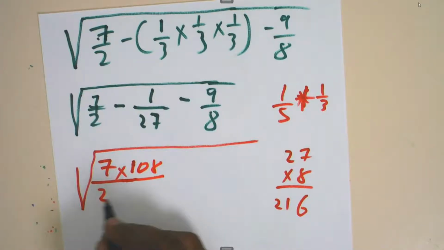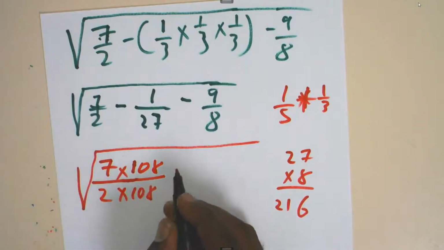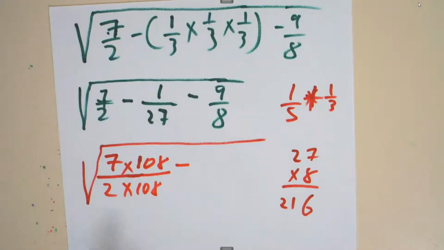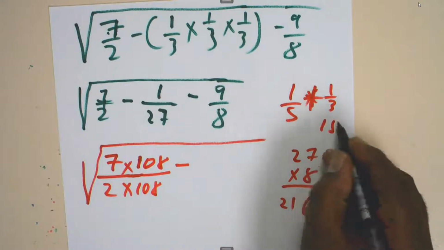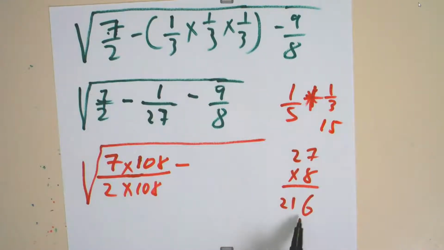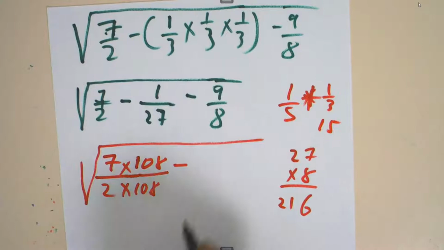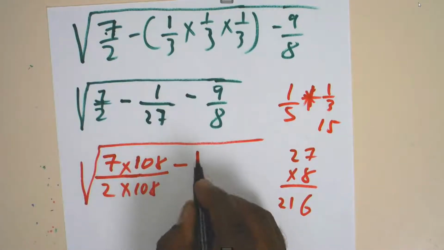Therefore, we'll be multiplying by 108. Remember, we want 216. 5 by 3, it's your 15, it's your LCM. 216, that's the situation. Now we come to this one as well.